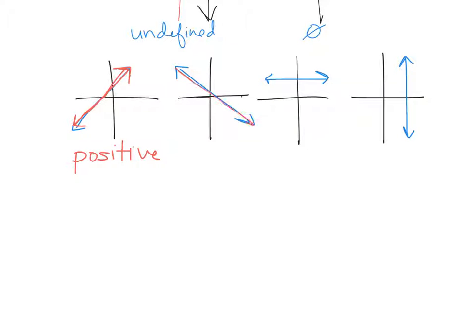Okay, what if a line is on its way down? That one's negative. Okay, what if a line is horizontal? That's 0, or you can write it as 0, that's fine too. And what if a line is vertical? Undefined, okay?